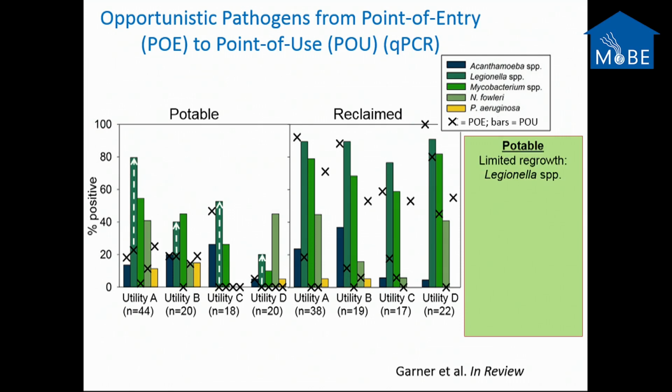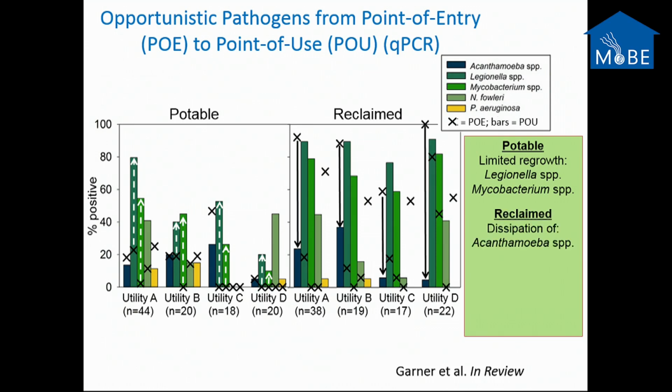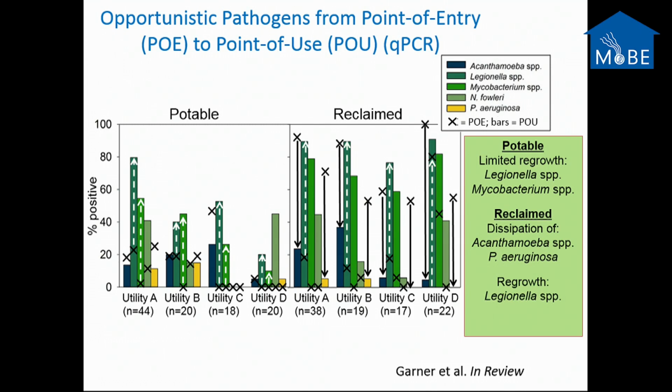Now in the potable water, the X's show the freshly treated water and the bars are at the point of use. So we did see a little bit of regrowth of Legionella and mycobacterial numbers. And in the reclaimed water, we actually saw some reductions of Acanthamoeba and Pseudomonas aeruginosa. But we saw measurable regrowth of Legionella in these systems. And it's interesting because Pseudomonas has been identified to produce some inhibitory substances against Legionella.